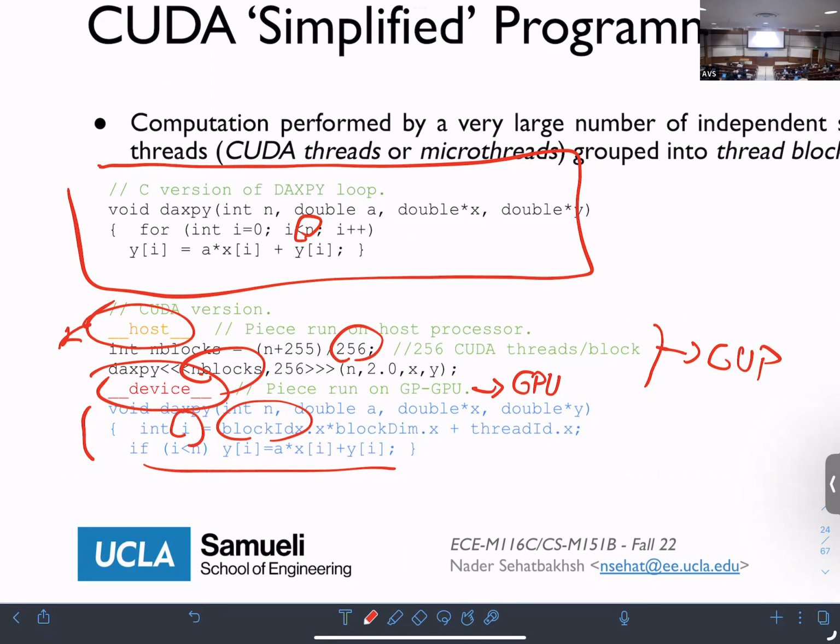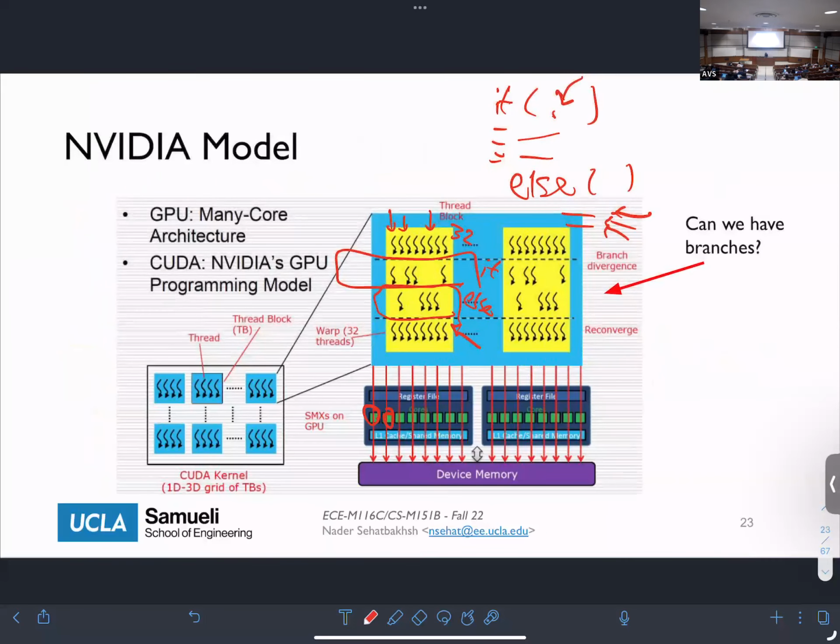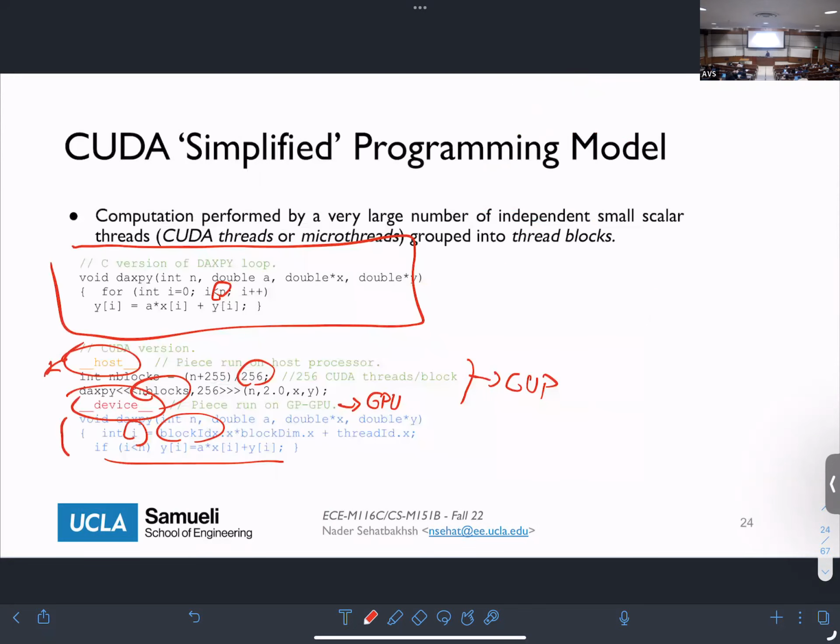So this thread ID will tell you which number you are assigned to, and then you do the instruction. And remember, we are talking about SIMD instructions, which means that all this data is going to use the exact same instructions. All of them will go through this multiplication here, then addition, and then assignment, right? So this would be the program that you're going to write.